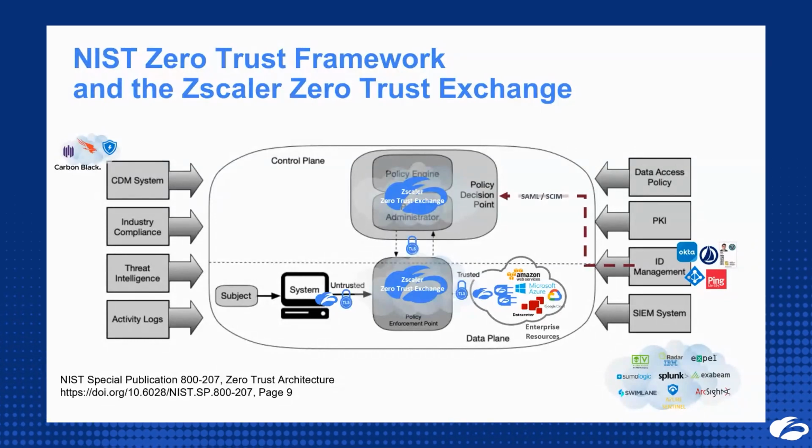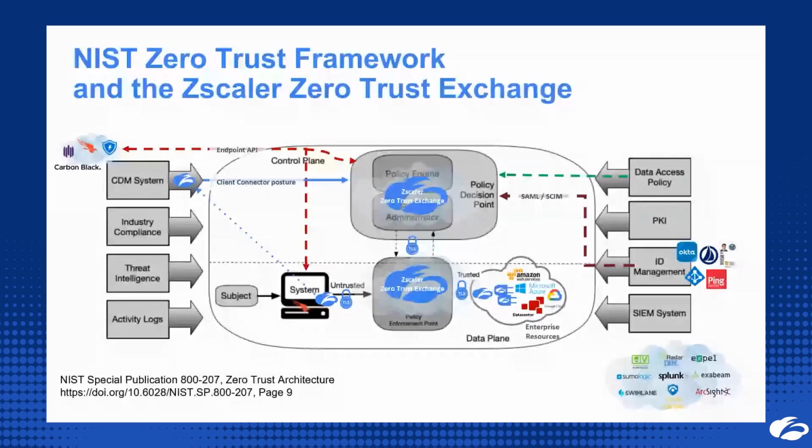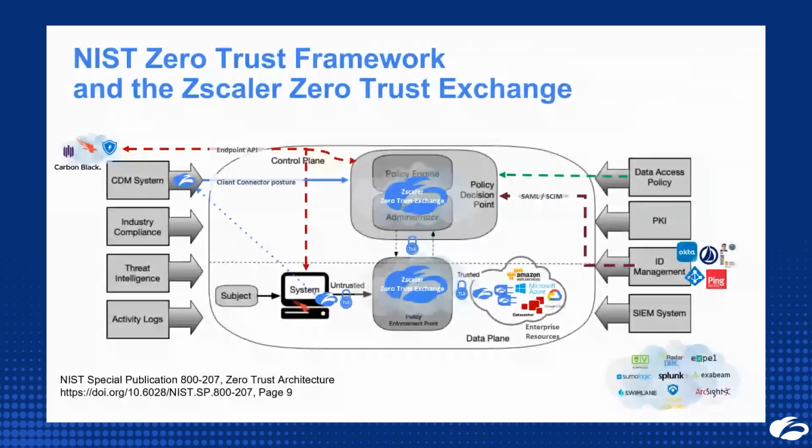Once we have this context, we have the ability to create dynamic encrypted connections between the user and the requested resource. We can tie in additional protections for sensitive data, as well as context and compliance information about the endpoint, either directly through the client connector or from existing security controls. We can leverage threat intelligence from our own threat labs, as well as third-party threat feeds.